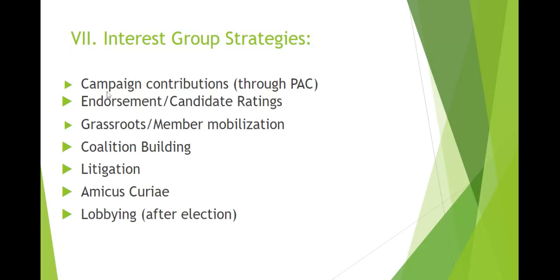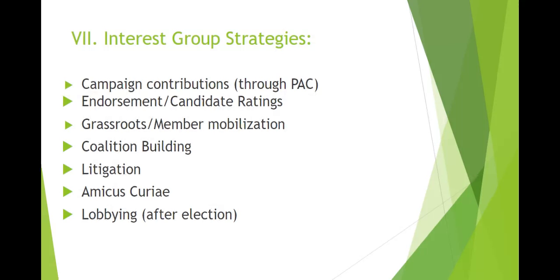It's common for interest groups to endorse or rate candidates. So just to give you an example, the NRA has rated the candidates who are running in the Georgia runoff.